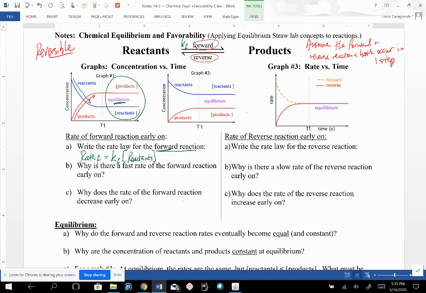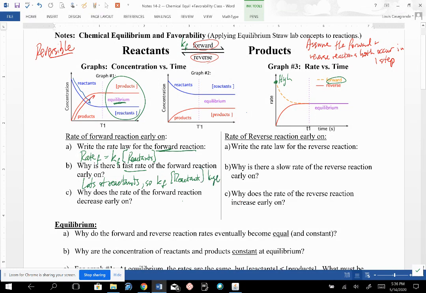Now, initially, the rate for the forward reaction is going to be fast. So if you look up on the graph number three, we'll see that in the forward direction, the rate starts off high. And that's because there's a lot of reactants. In fact, we have all reactants. And so Kf times the reactants is large.